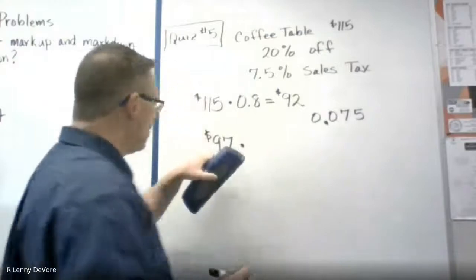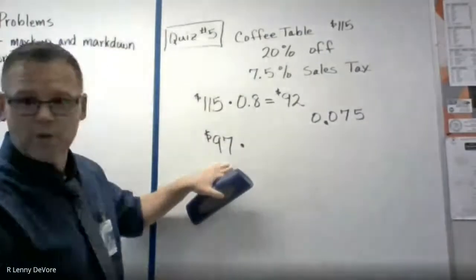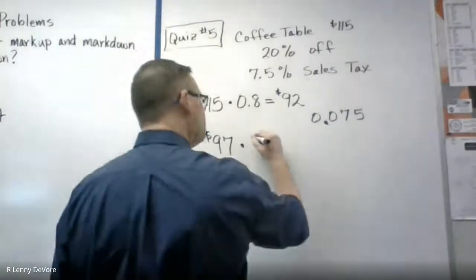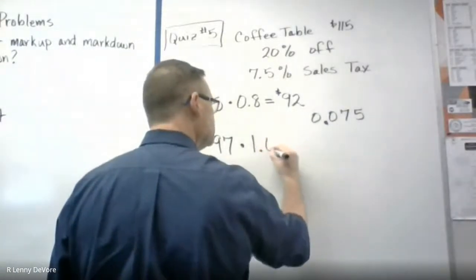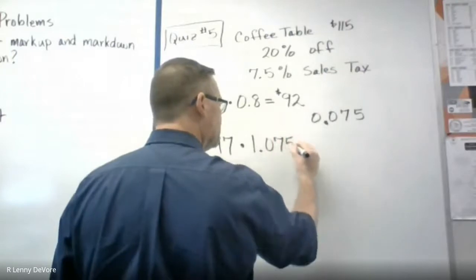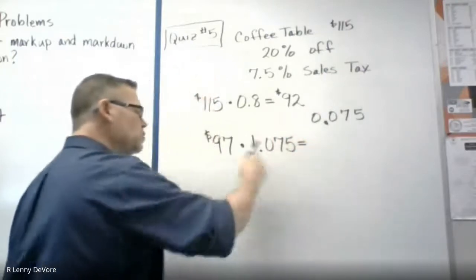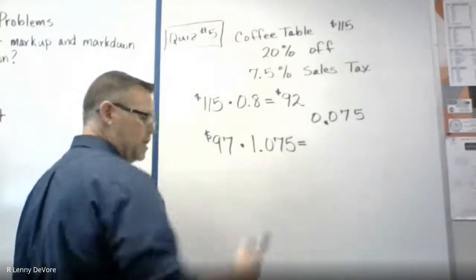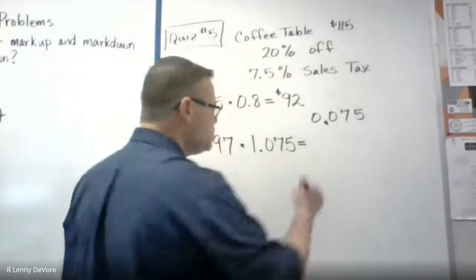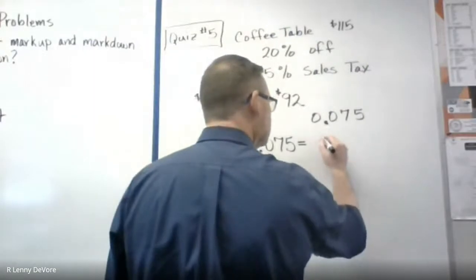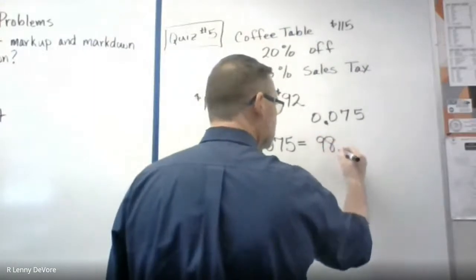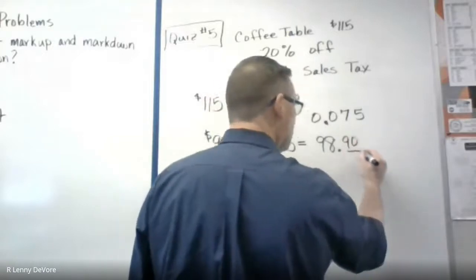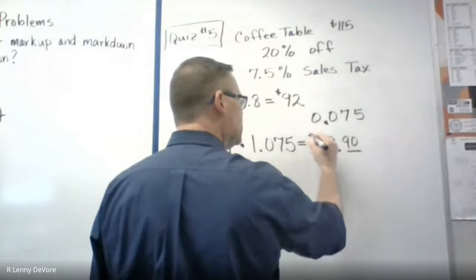But if we want this $92, which has now become the new 100%, included in the price, we would multiply it by 1.075. And what that's going to do is give the $92 plus the 7.5% tax included. If you do that, then you end up with 98 and 90.